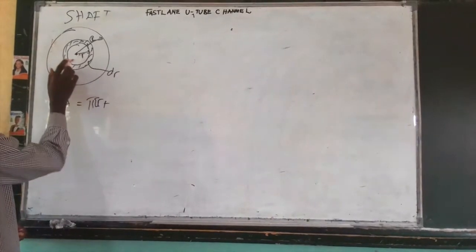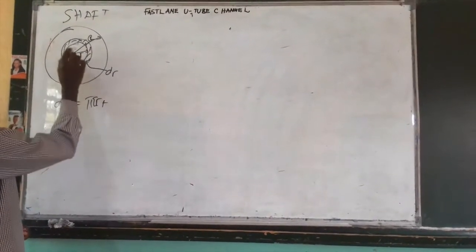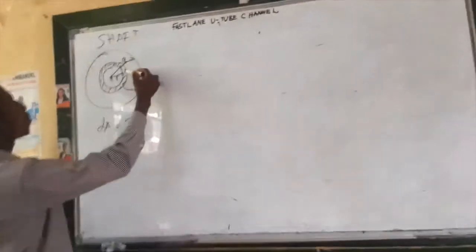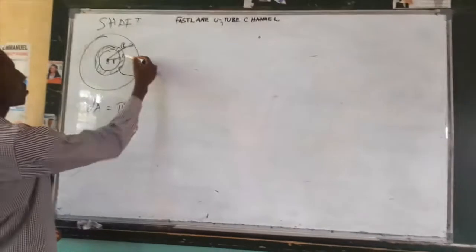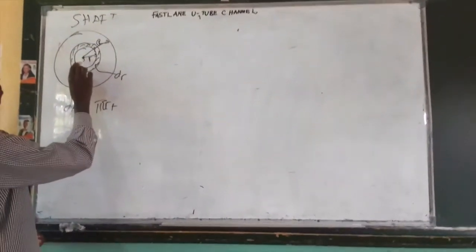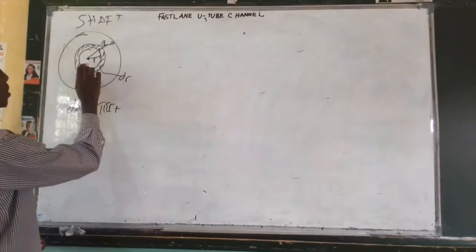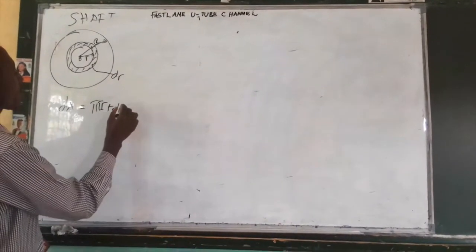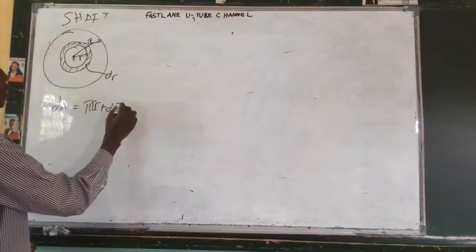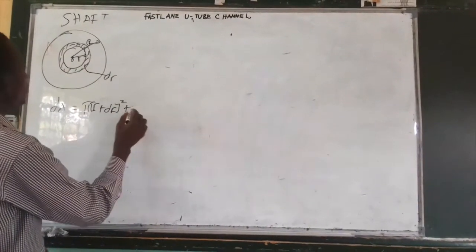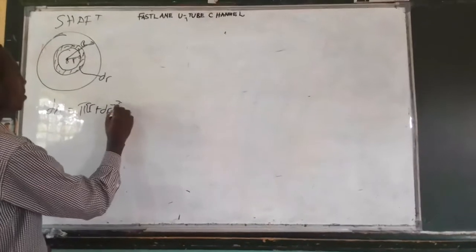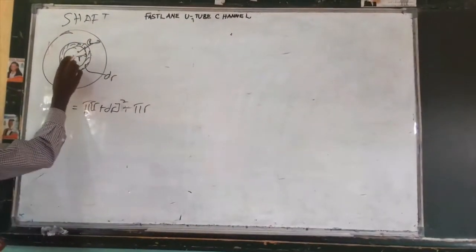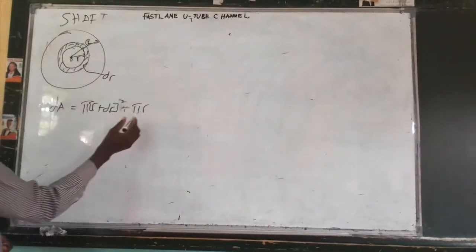Now, when you observe the radius, from the center up to the edge of the element it will be r plus dr, where dr is the thickness, squared, minus pi r squared, which is the area of the inner part.